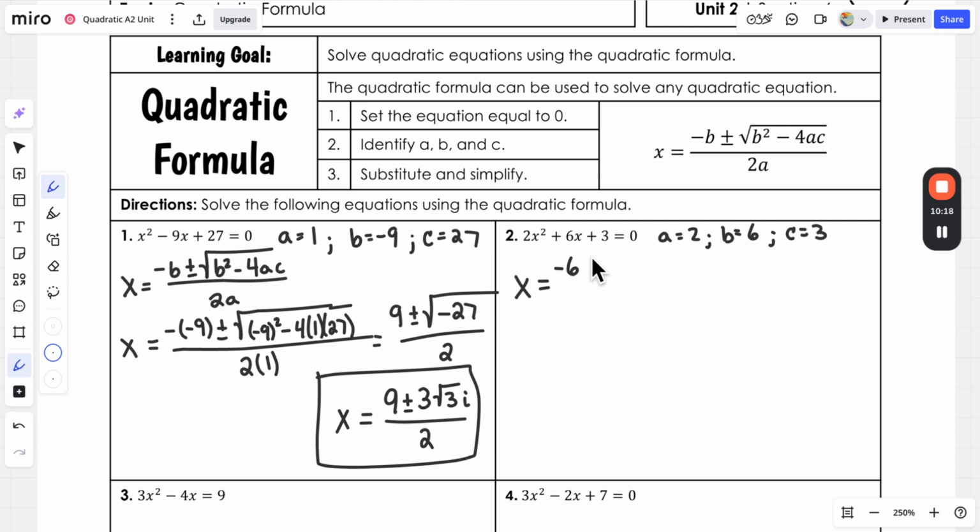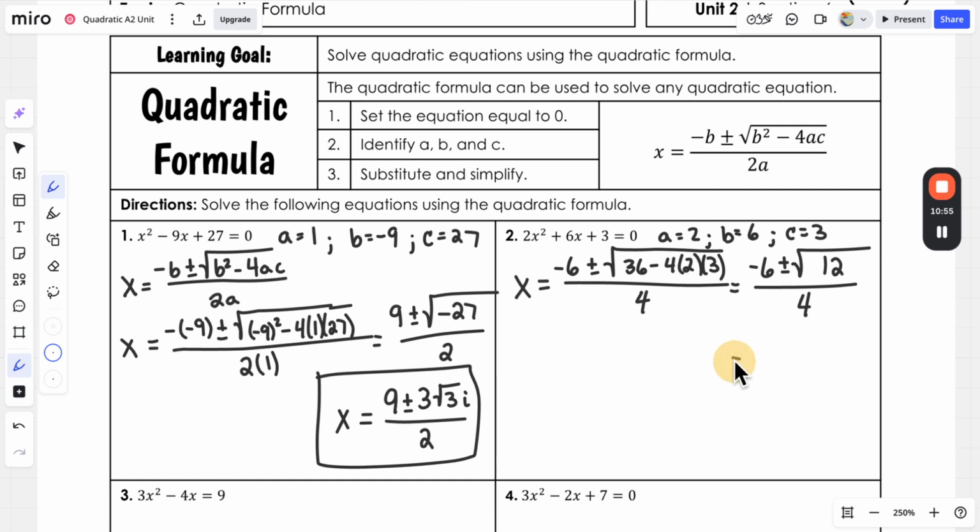Minus B plus or minus the square root of B squared minus 4AC all over 2A. We simplify that. Minus 6 plus or minus the square root of 36 minus 24 gives us 12, all over 4.